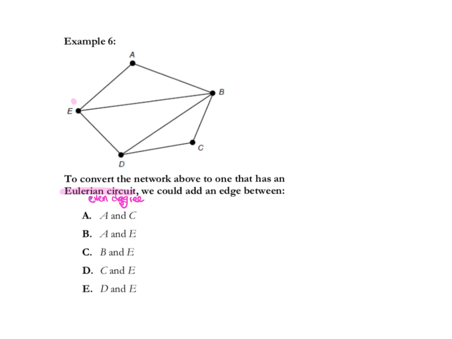E has a degree of 3, A has a degree of 2, B has a degree of 4, C is 2, and D is 3. What edge will make them go to even? D and E. If I drew an edge like that, each would become 4. So the answer is D and E.